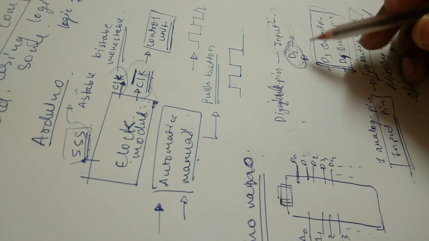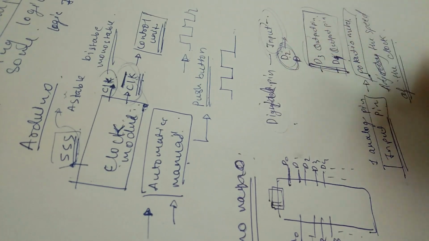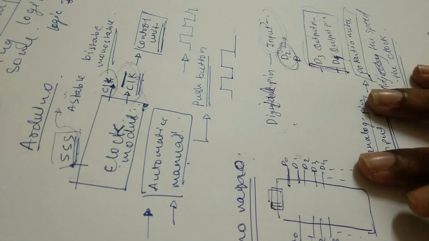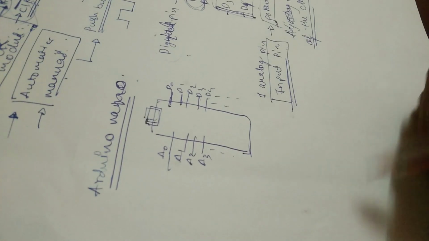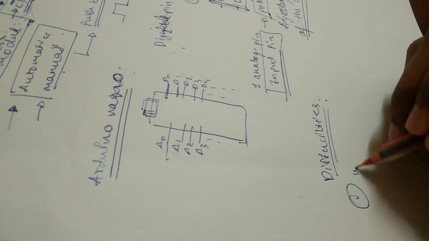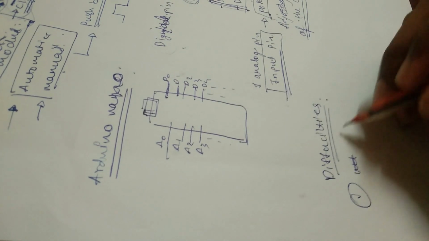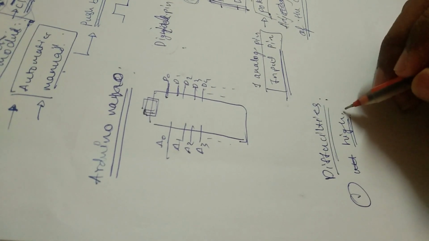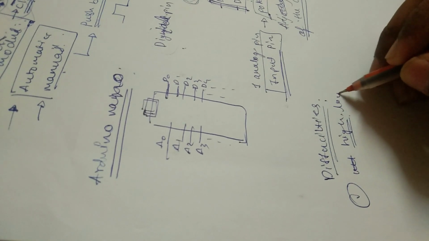But while designing, what difficulties will we be facing in this circuit? So now we'll be seeing the difficulties. The first difficulty is when the pin is made high and low.